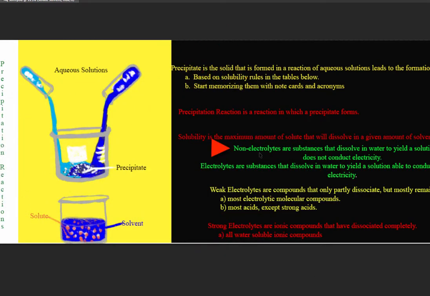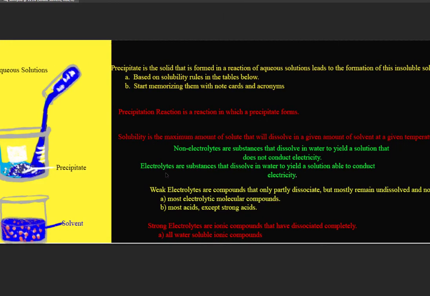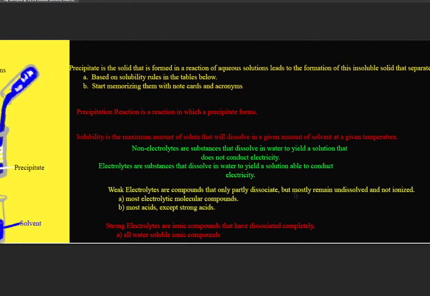So again, non-electrolytes are substances that dissolve in water to yield a solution that does not conduct electricity. Whereas electrolytes, whenever they're dissolved in water, are going to give you a solution that is able to conduct electricity. Weak electrolytes partly dissociate, mostly undissolved and not ionized. So if you're thinking of molecular compounds, acids, except for the strong ones, like the acetic acid example I cited earlier.